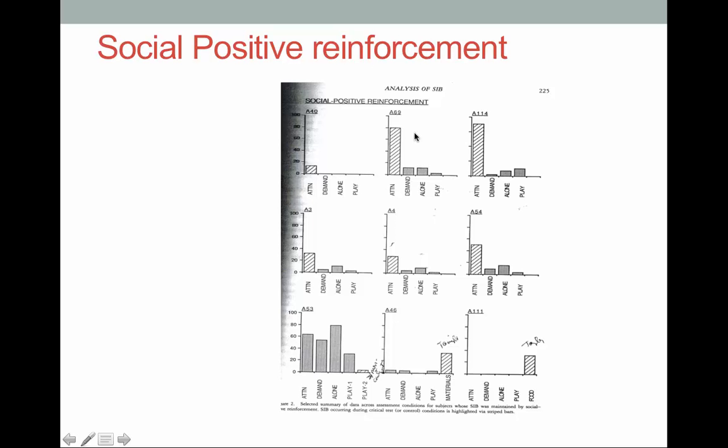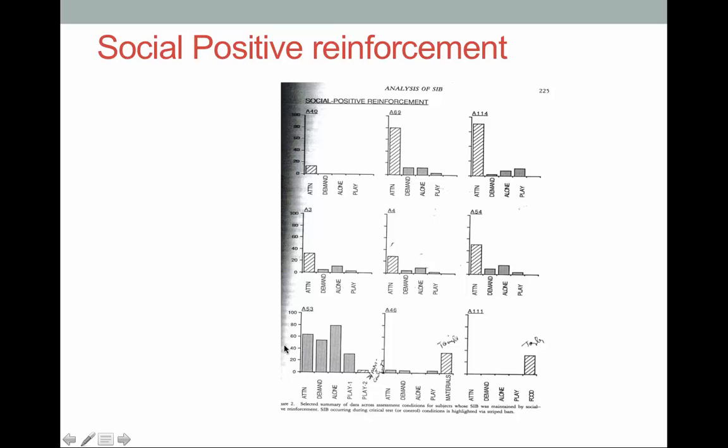Probably the more common kind is like number 69 here, where they engaged in SIB across all conditions. Again, probably because of discrimination issues, or there might be some other factors maintaining their behavior, but it's clearly much highest in one condition, in this case the attention condition. So that's an example of these two, for example. Really, all of these are examples of that.